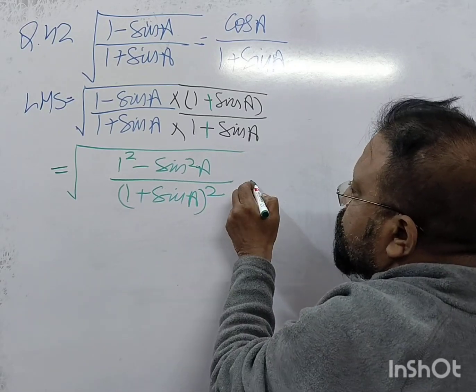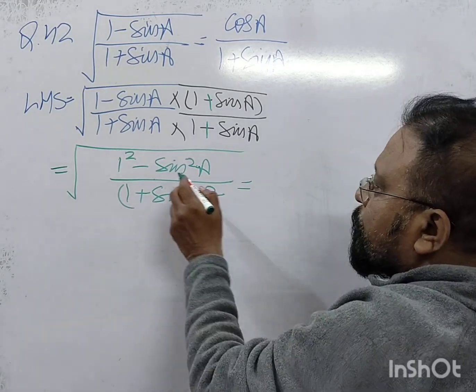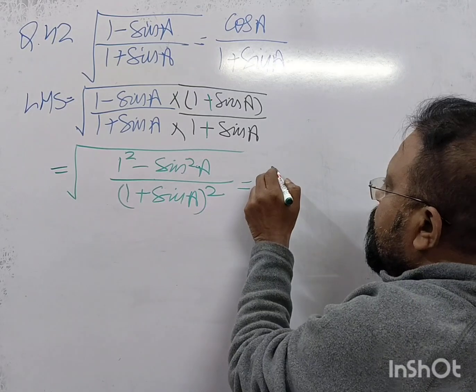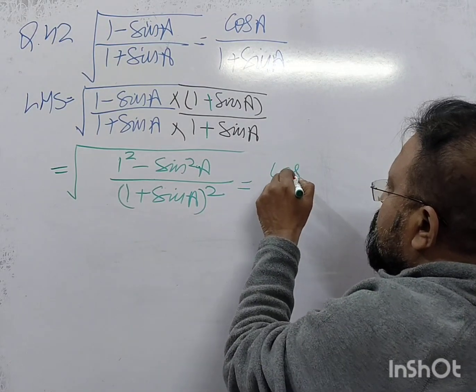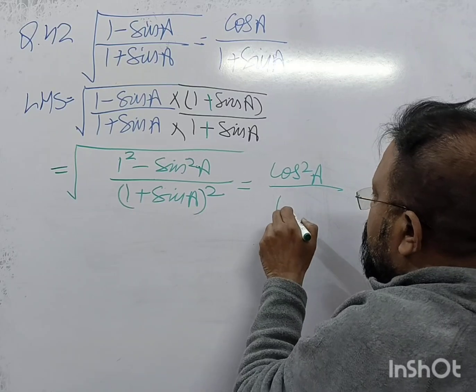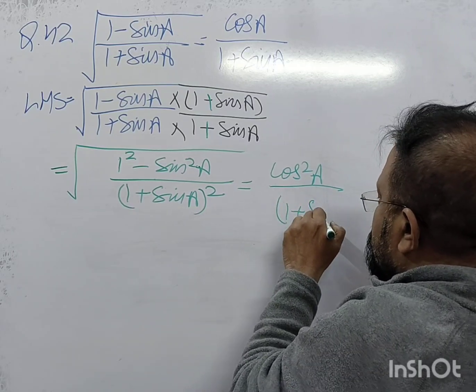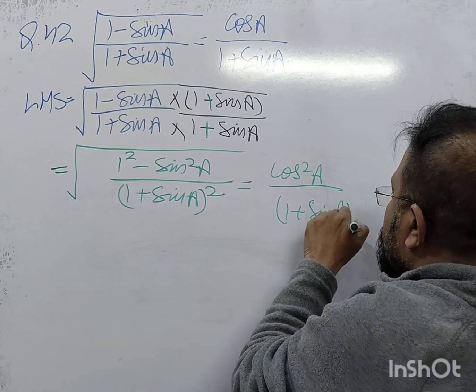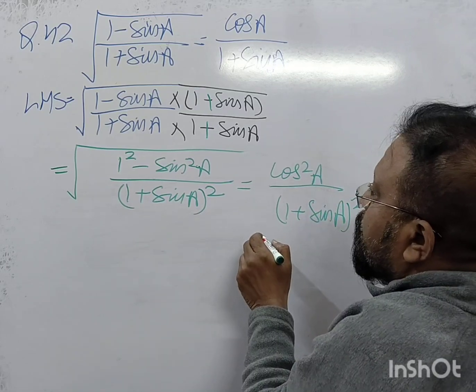Right? This turns to cos square A upon (1 plus sine A) whole square.